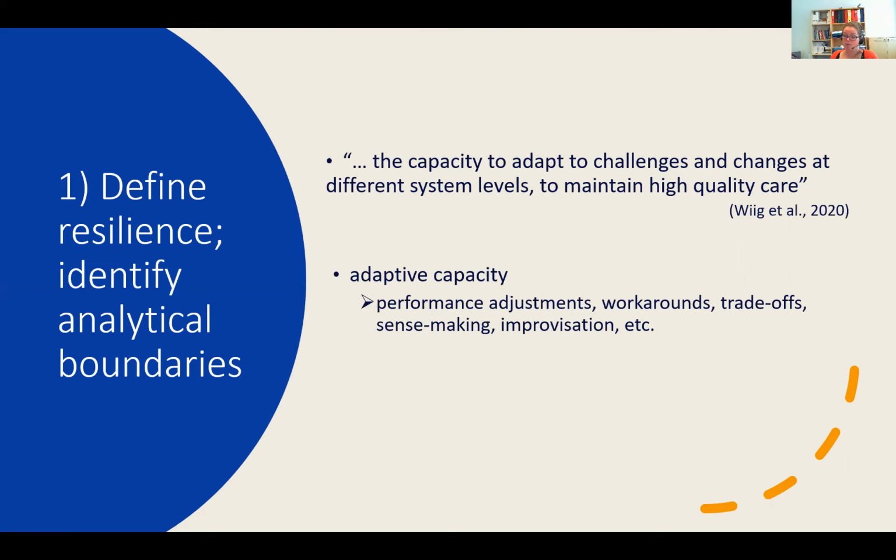And our analysis has also focused on identifying instances of performance variability, and not least the stakeholders that contribute to performance variability. So those are the boundaries of the analysis, stated very succinctly.